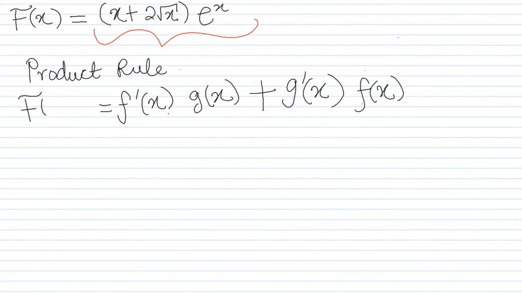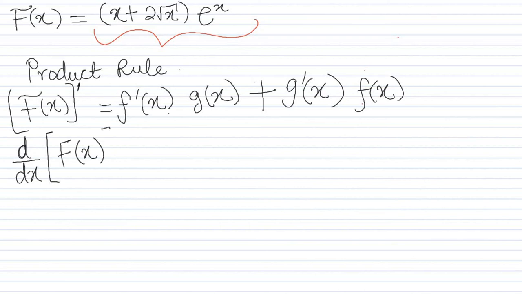So in this case, we're going to say f of x, all of this prime. Or if you want to write it the way we've been writing it, for consistency, you can also say d over dx of f of x, which is differentiating f of x with respect to x. That's the same thing as differentiation of the first subfunction, d dx of f of x.